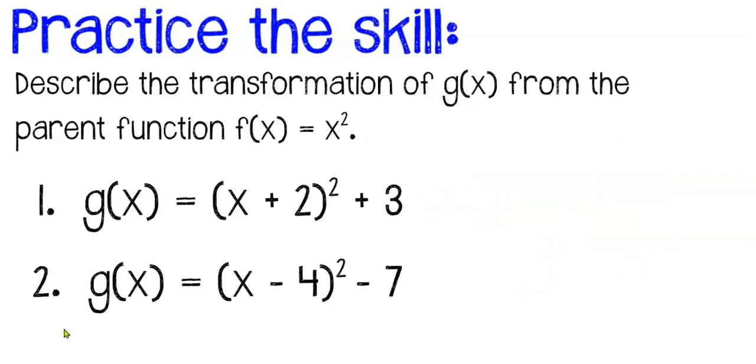Let's take a look at 2 more that have multiple shifts. Example number 1 has 2 different translations. This plus 2 and this plus 3 mean different things. The plus 2 means a shift 2 units left.